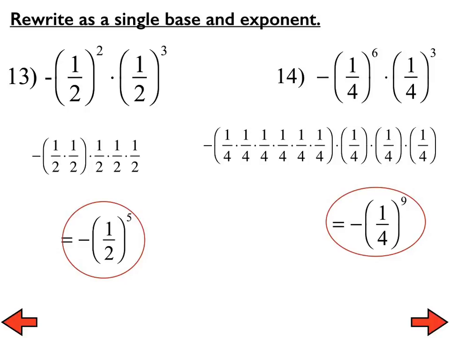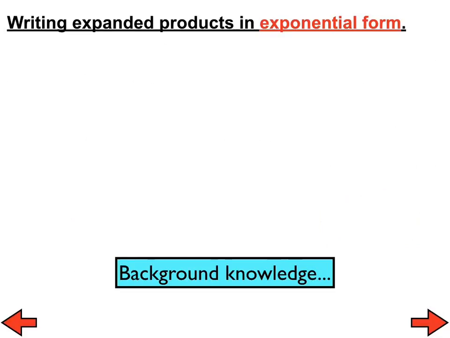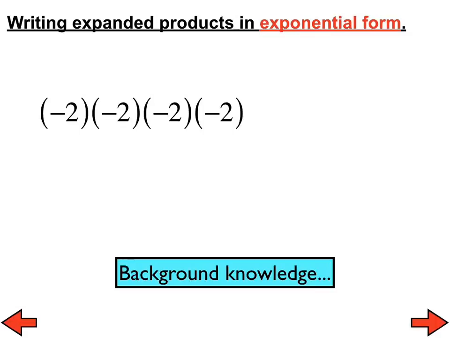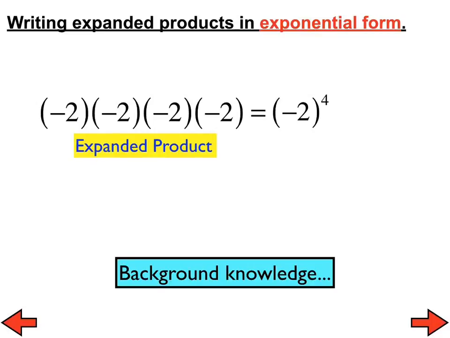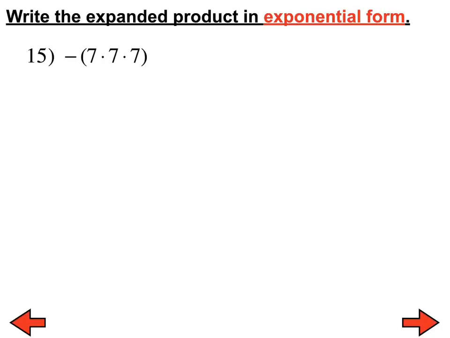Great. Let's go into writing it as a single base and exponent, also called exponential form. So here, yesterday we learned negative 2, which is in parentheses, is being repeated 4 times. So you write it as negative 2 in parentheses still to the 4th power. Today, some of it is not in parentheses, like this one. Negative is hanging out outside.